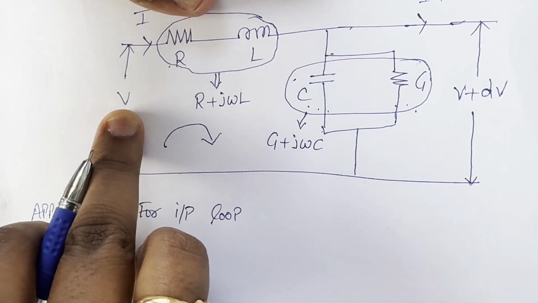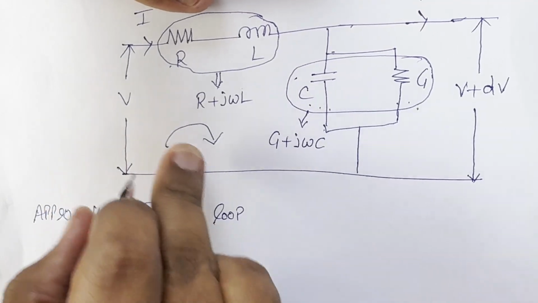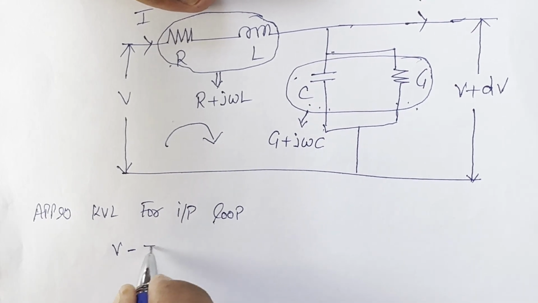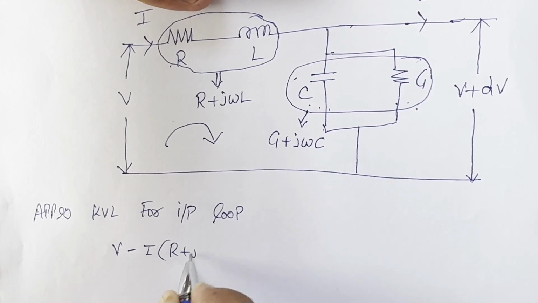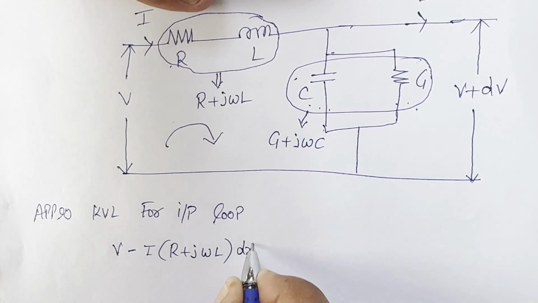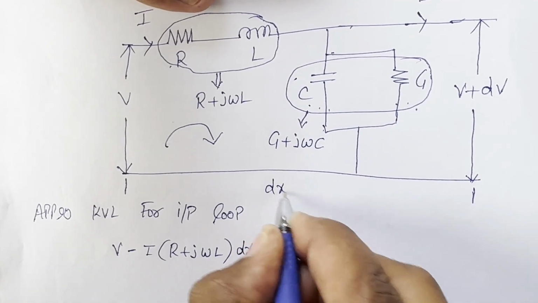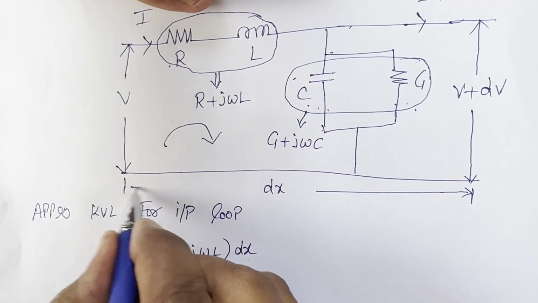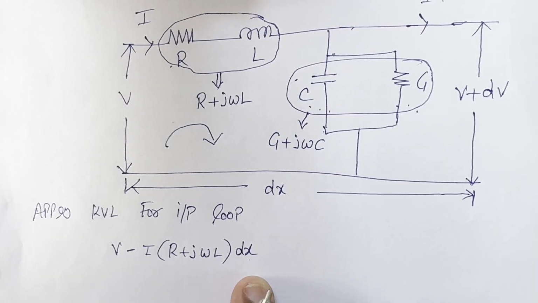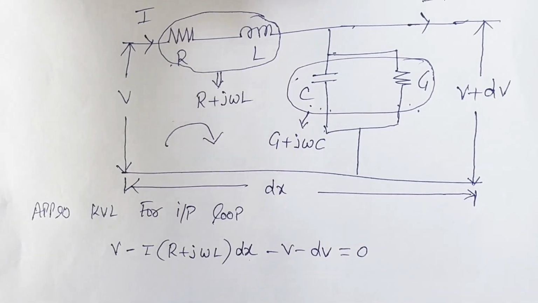Here the applied voltage is V, minus the current flowing through the series impedance, I into R plus j omega L into dx, where dx is a small piece of the transmission line, minus V plus dV, equal to 0.